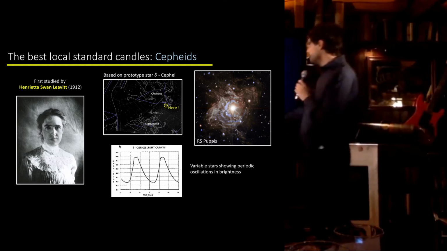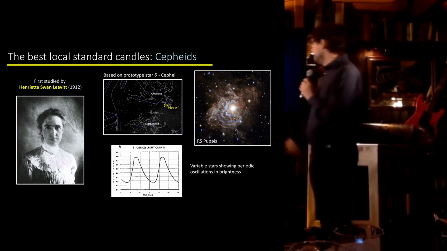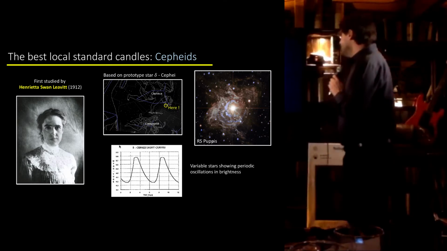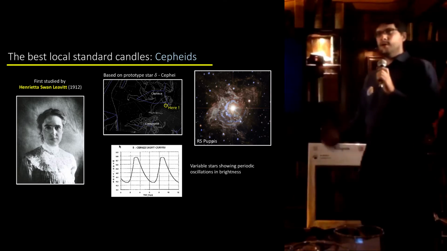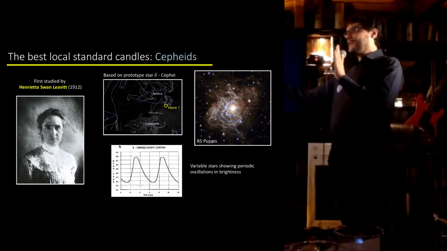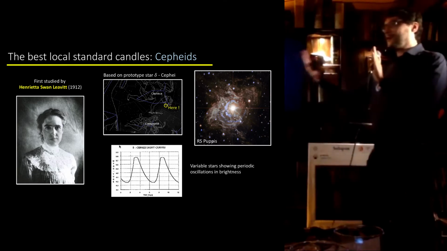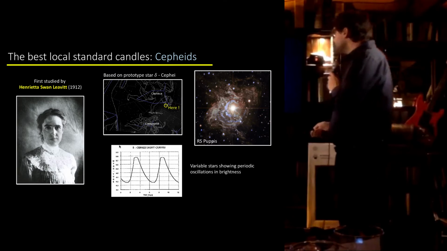And she studied things like this diagram that you see in the bottom here, which shows as a function of time how the brightness of the star changes. It's essentially a star that is reaching an unstable stage of its life, experiencing radial oscillation, and the brightness of the star changes with the size of the star at the same time.